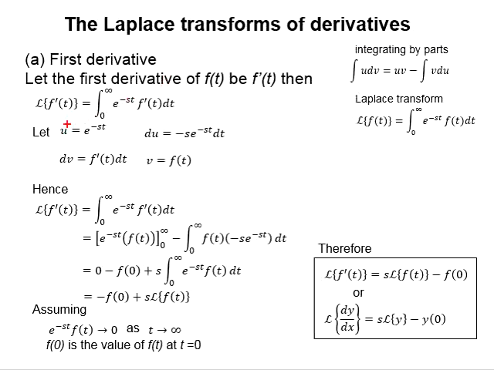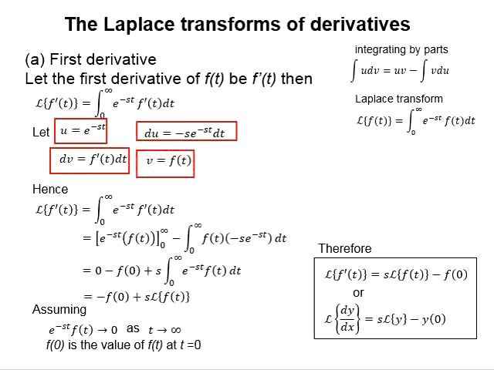To solve it, let u equal e to the power of negative st, while the remaining f prime t dt is the dv. Differentiate the u, you obtain this, and integrate this, you get v.